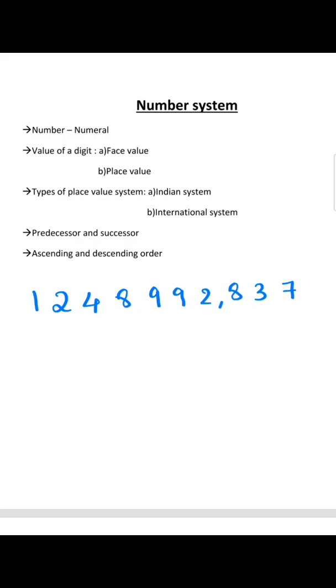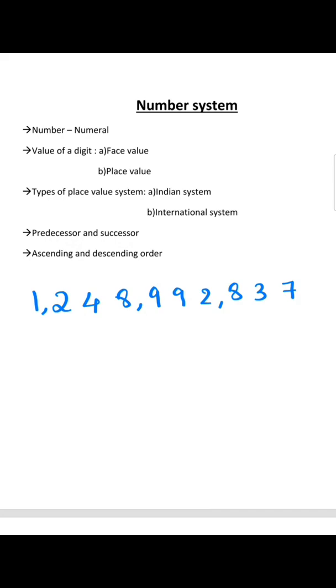The second comma should be put again after 3 digits, that is, after 100,000s place. The third comma should be put again after leaving 3 digits, that is, after 100 millions place. So this is how we will place the commas in the international system.